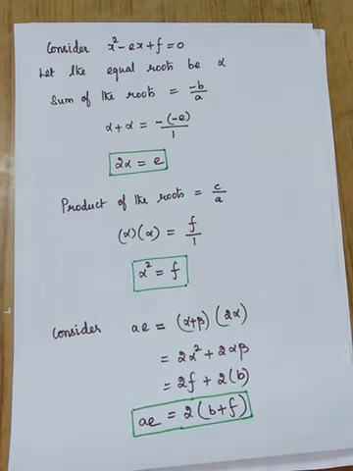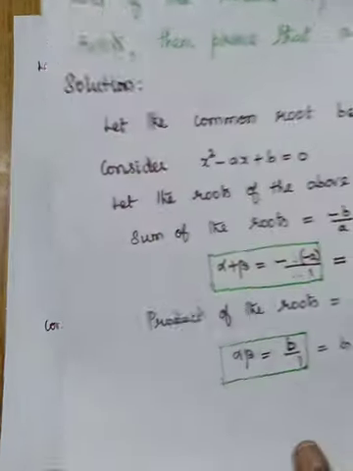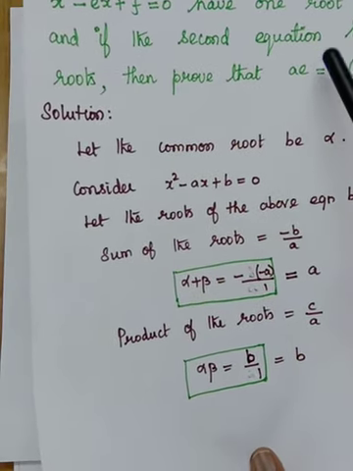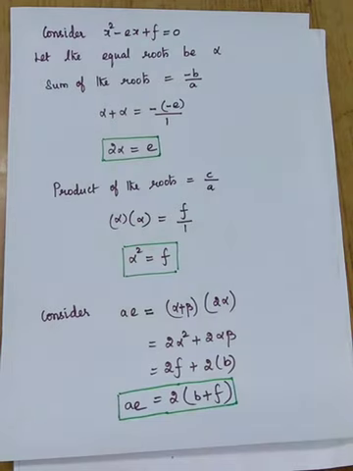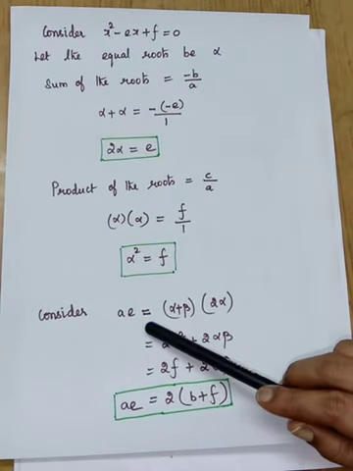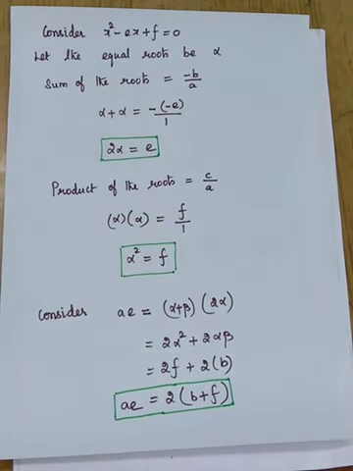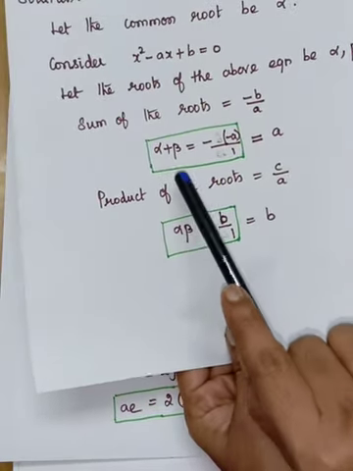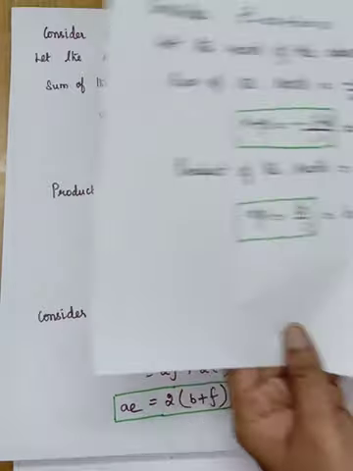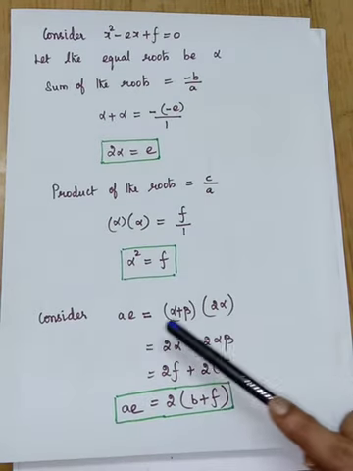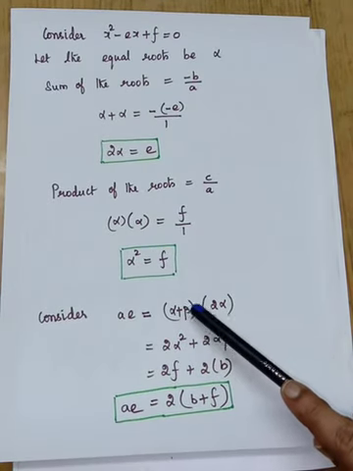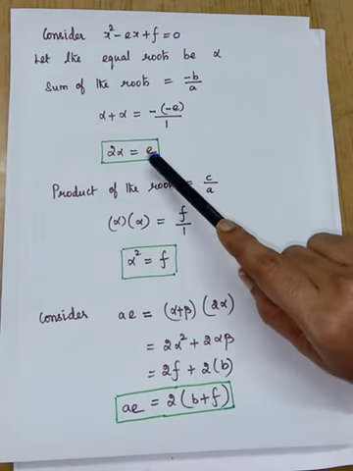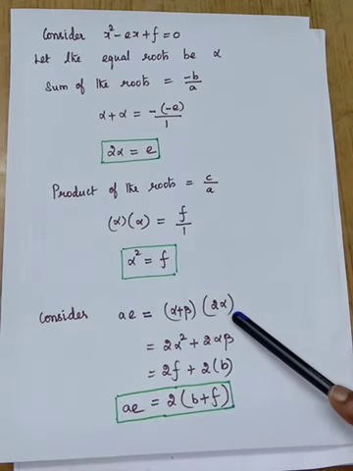So what we have to prove? We have to show that ae is equal to 2 into b plus f. You take the left side. What here you are having? ae. Okay. So already you have found what is your a? A is equal to alpha plus beta. So in the place of a, we have written alpha plus beta. What is e? So from this result, your e is equal to 2 alpha. Okay.